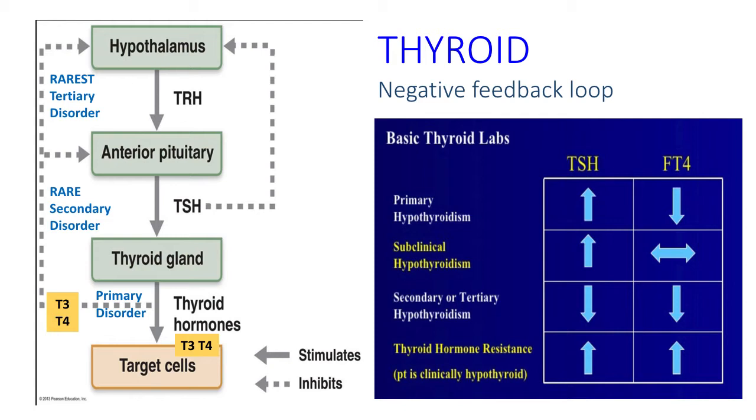When we're checking labs for people, how do you know where the problem is if they've got a thyroid problem? So they come in, your patient's got low thyroid. Well, where's the problem? Is it in the thyroid gland itself? Is the problem in the pituitary gland? Is the problem in the hypothalamus? And how do you know? And the answer is it can be any of them. It really depends where the origin of the problem is.